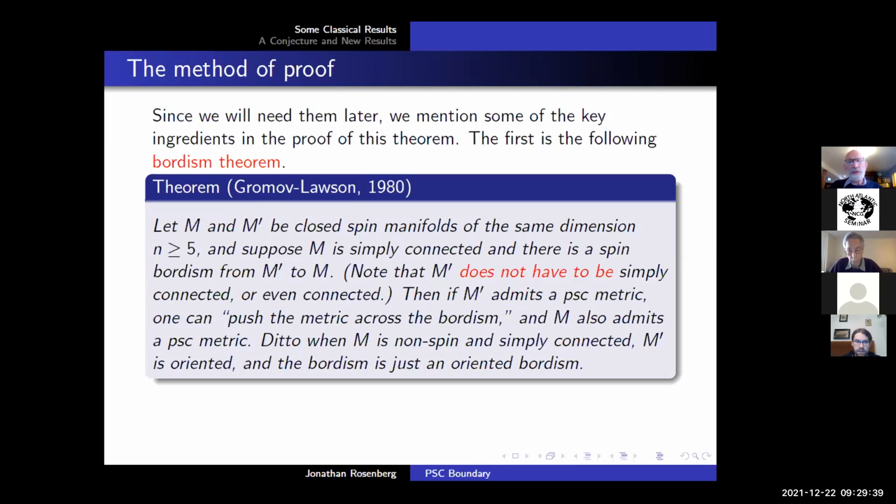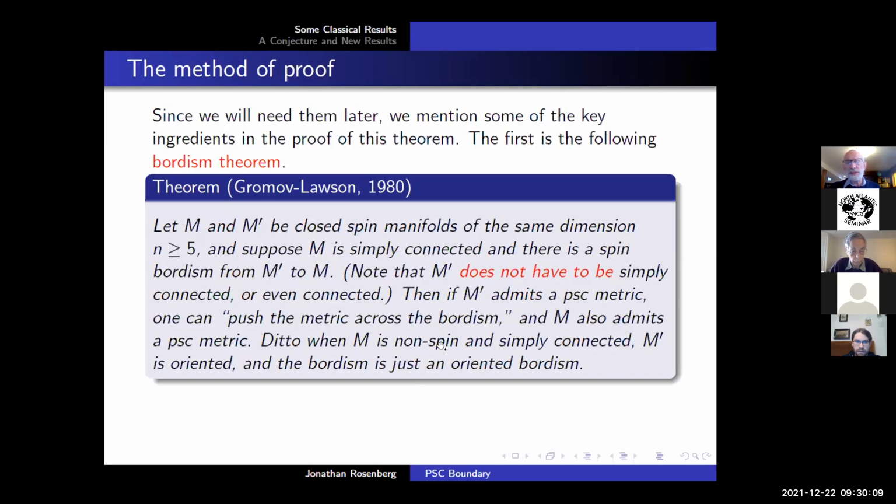So when the spin condition is satisfied, then all the 2-spheres embedded in M or in this bordism between M prime and M, all those 2-spheres have trivial normal bundle. And that is needed in order to construct the kinds of surgeries that you need.